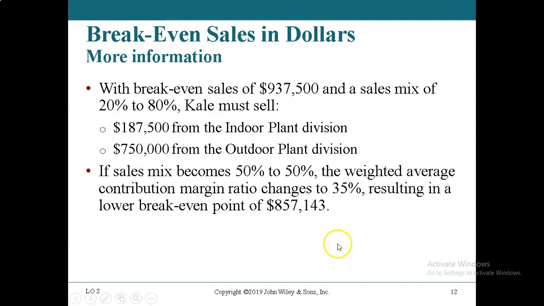So you can see that the weighted average contribution margin ratio depends on the contribution margin ratio and what percentage of your sales comes from one product versus another product. In this case, 20% of our sales came from indoor, 80% from outdoor. Now, if the sales mix was 50-50, then the contribution margin ratio would be 0.35 or 35%. And the break even would be a different number.